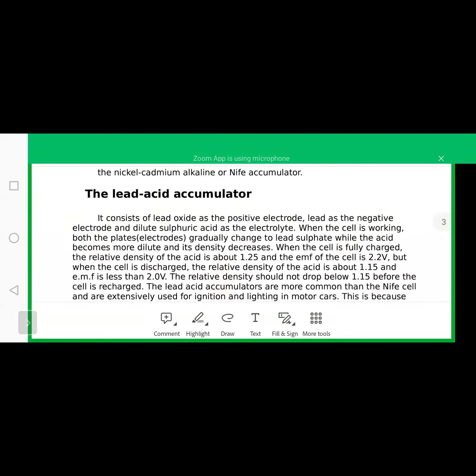When the accumulator is fully charged, the relative density of the acid is about 1.25, and the EMF of each pair is 2.2 V. When the accumulator is working, both electrodes change to lead sulfate, and the acid becomes more dilute and its relative density decreases. That is how I know. Yeah, that is very true. Thank you so much. Another one?